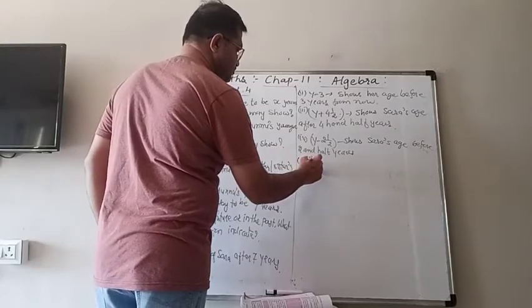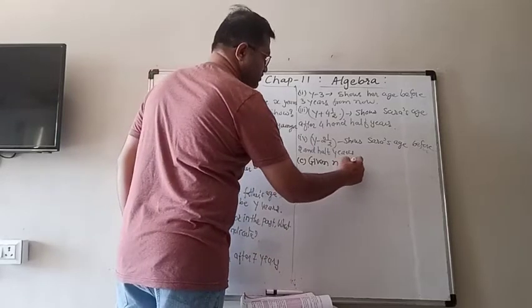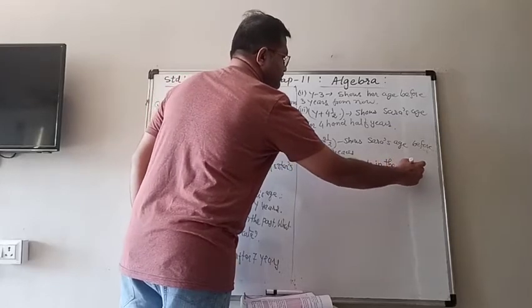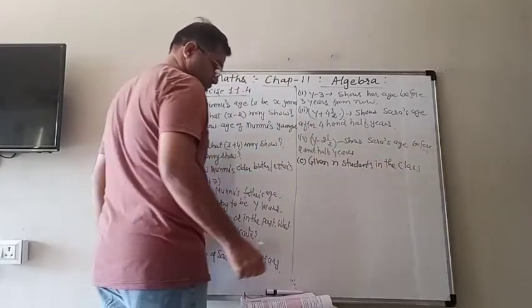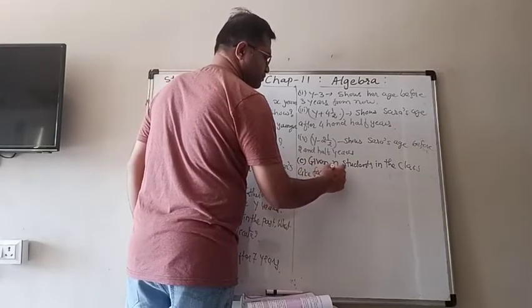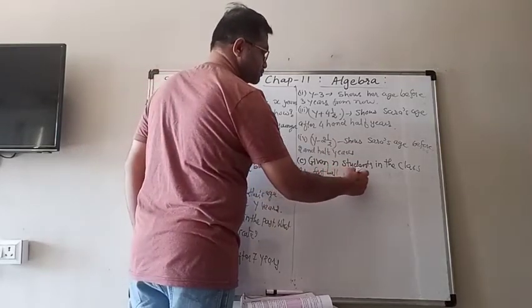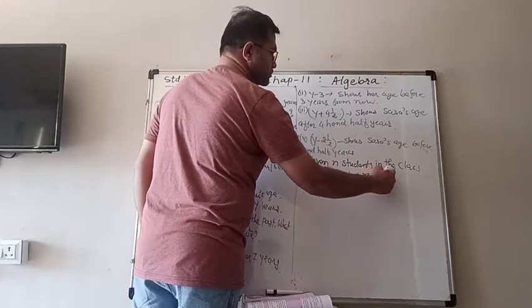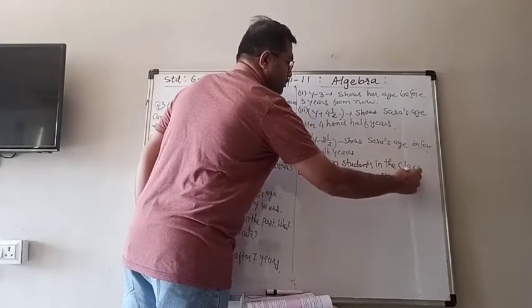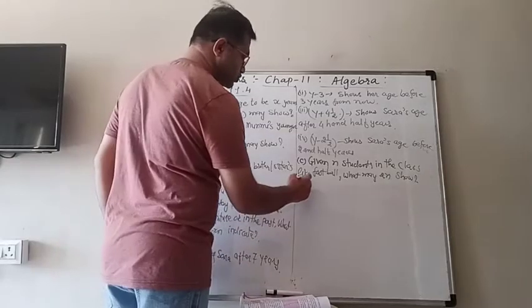Now see, given n students in the class like football, what may 2n show, and also what may n by 2 show?